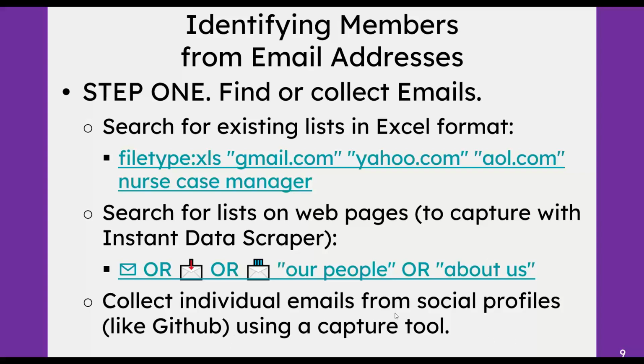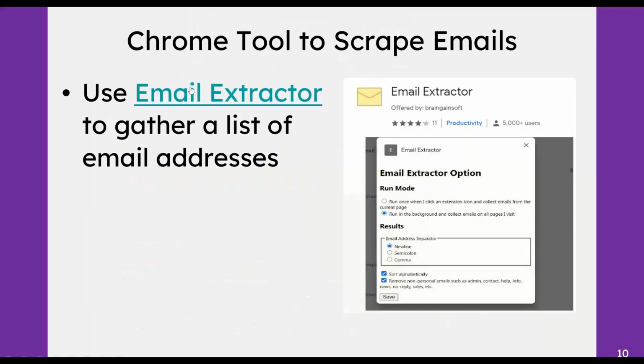You can also be collecting individual emails from social profiles, or from GitHub, using an email capture tool. The one I was briefly hovering over in my search there is called Email Extractor. This is a tool that our company, Brain Game Recruiting, provides for free. It's just a Google Chrome extension. It's very simple. It's free. It works really well.